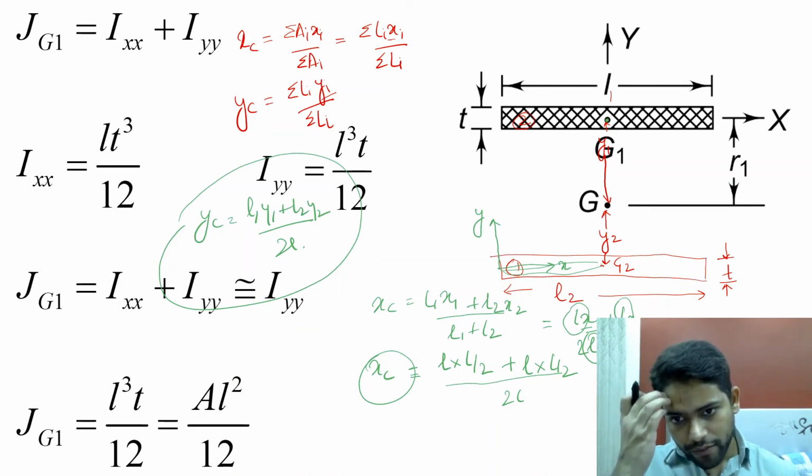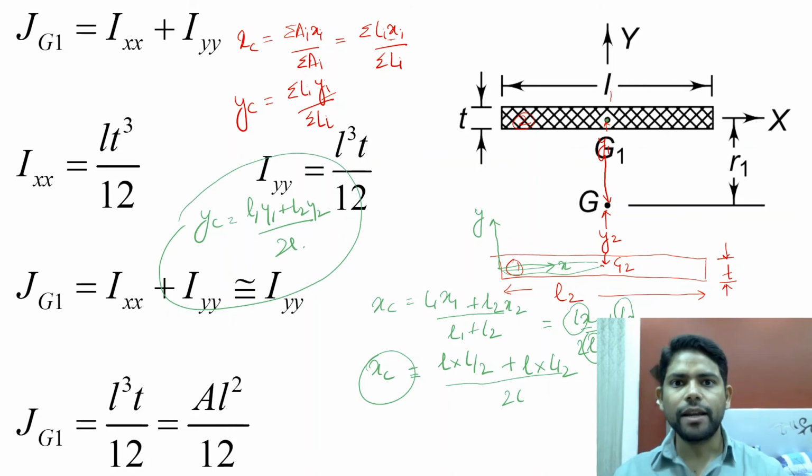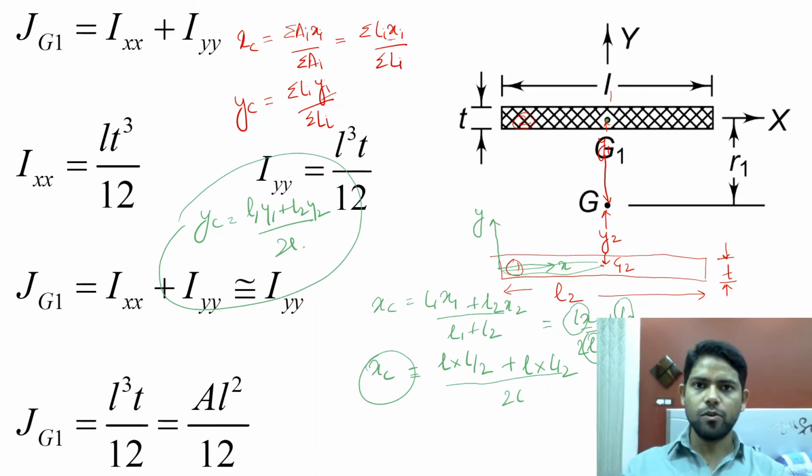Now once you have the centroid, you can calculate the distance r. You already know how to calculate the polar moment of inertia, and moment M is already given by the magnitude of the force acting on the structure multiplied by the distance, or e, which is the eccentricity.